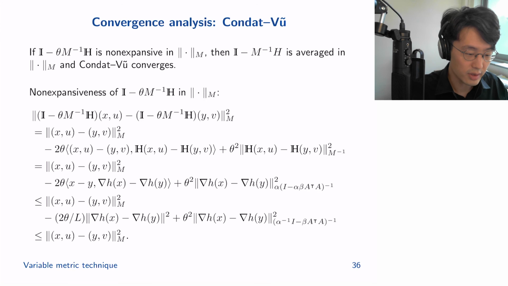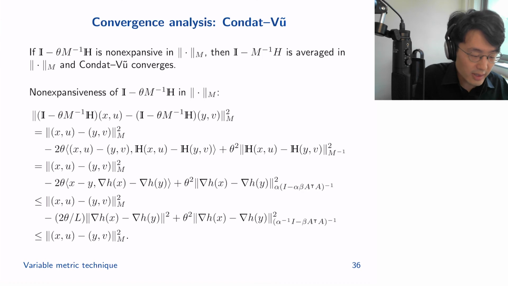To do so, we just directly plug in (x, u) and (y, v) into this operator and evaluate the M norm. Here we have just the identity, and here we have the operator H and M inverse applied. So we expand out the terms, so we get this term, we get this term squared, and then here we have these cross terms.